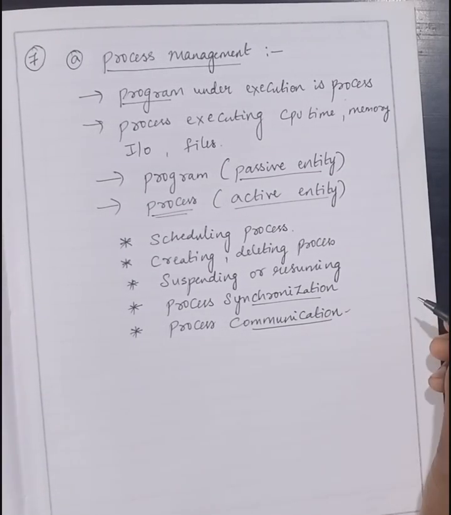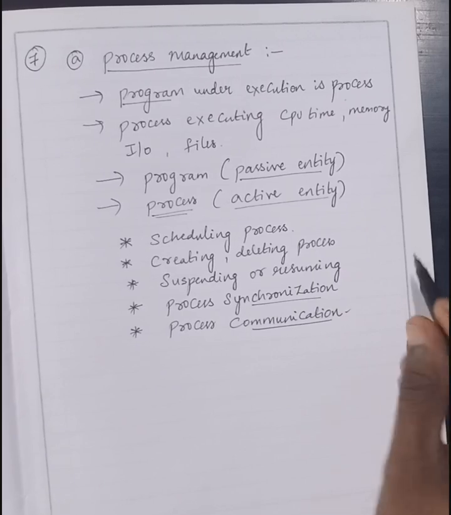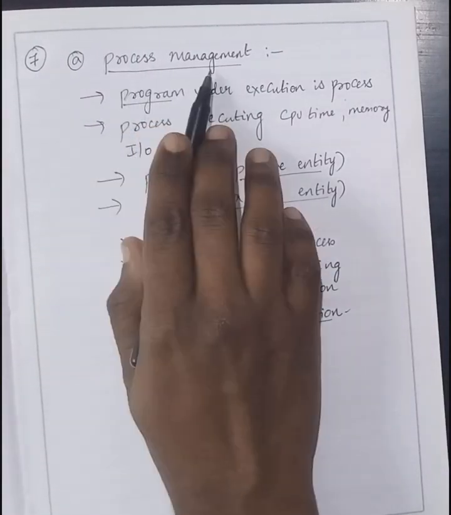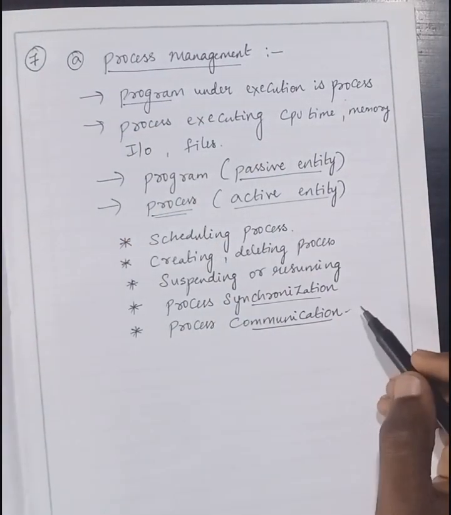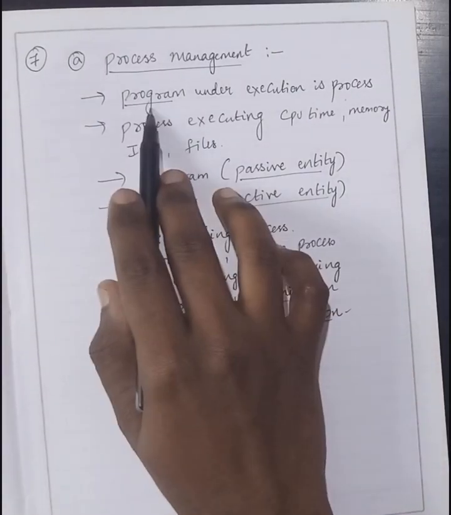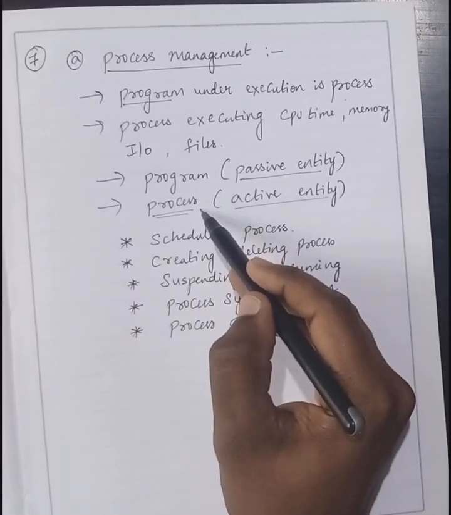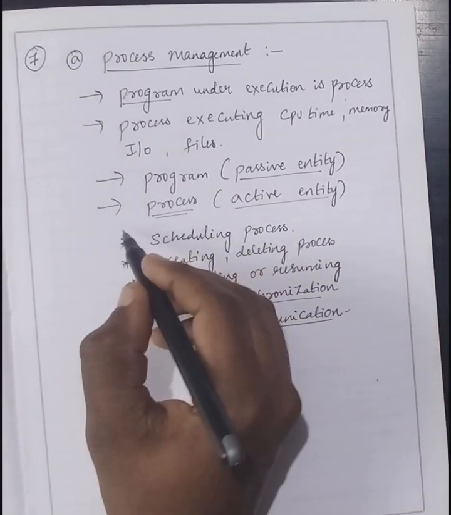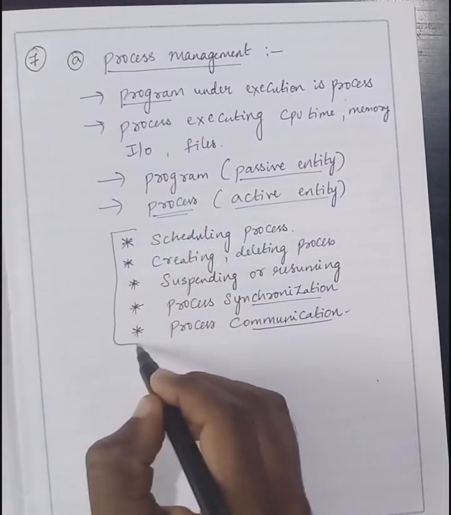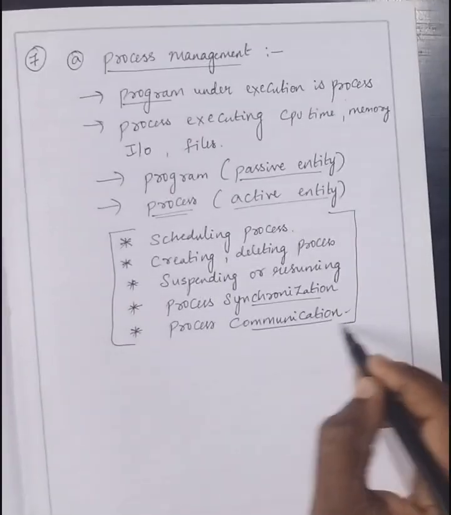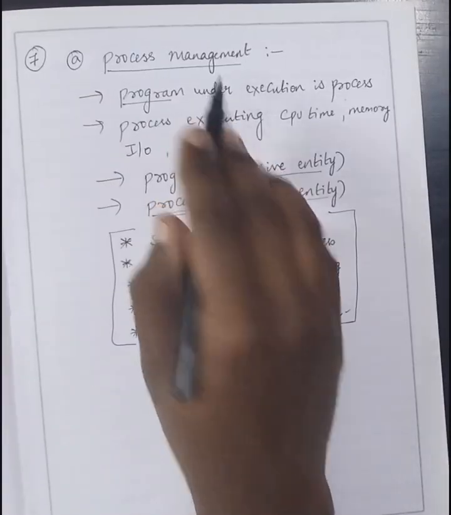That is also taken care of by the operating system. Once again, the first thing under the OS is process management. We learned what a program is, what a process is, the relation between them, and the responsibilities of the OS in process management.